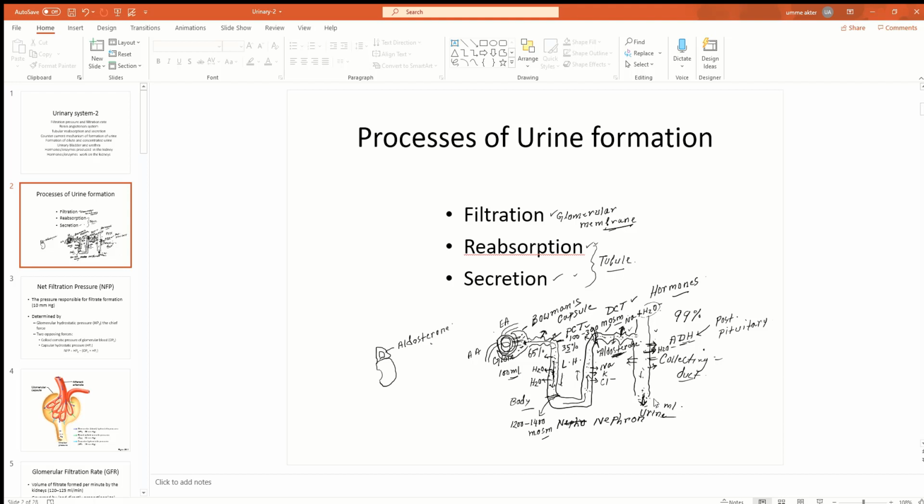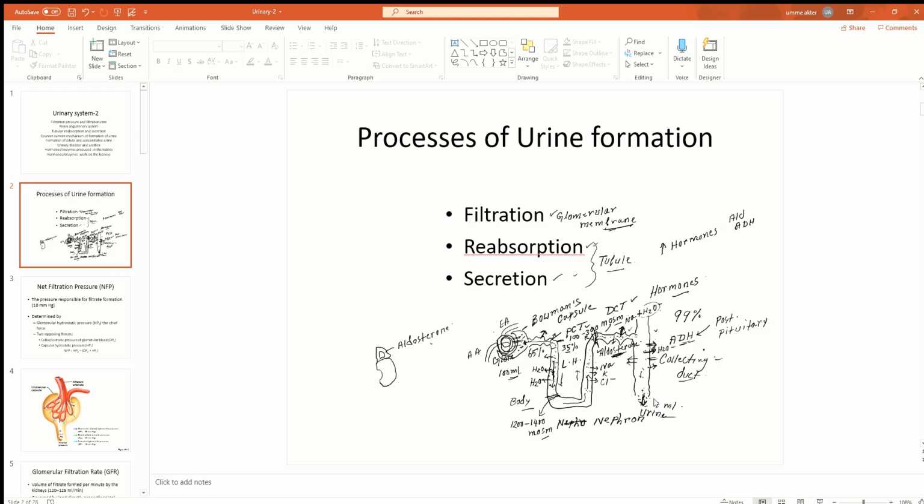Urine volume will be less. That means blood volume will be more. And more blood volume means blood pressure is high. So more of those two hormones, the aldosterone and antidiuretic hormone, right?